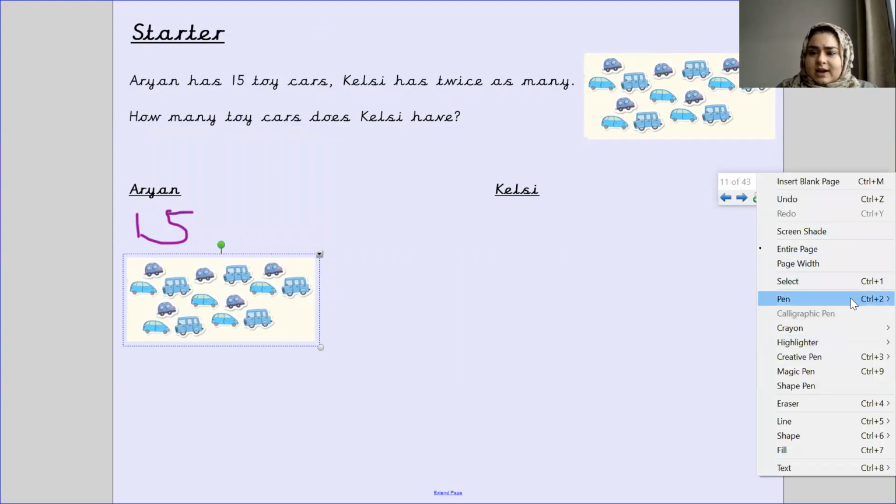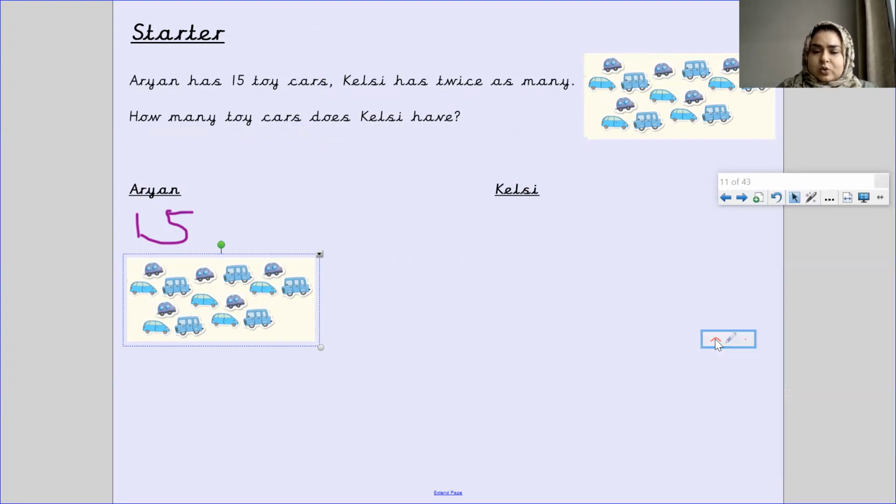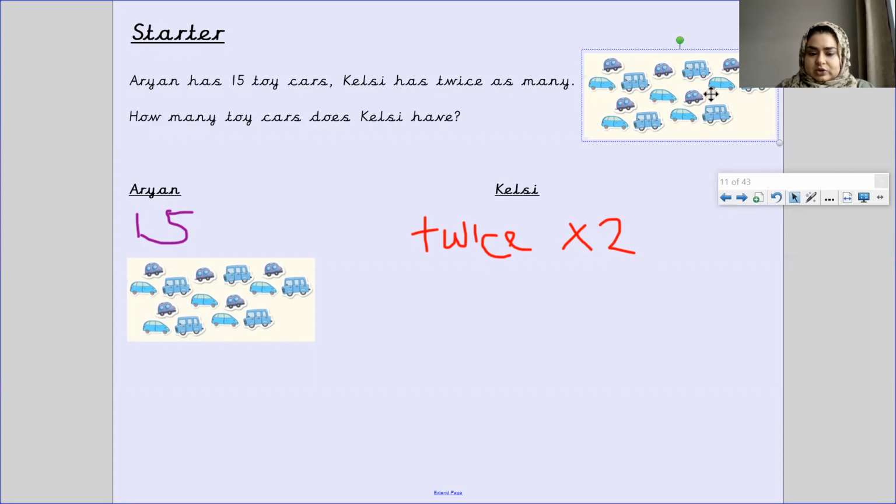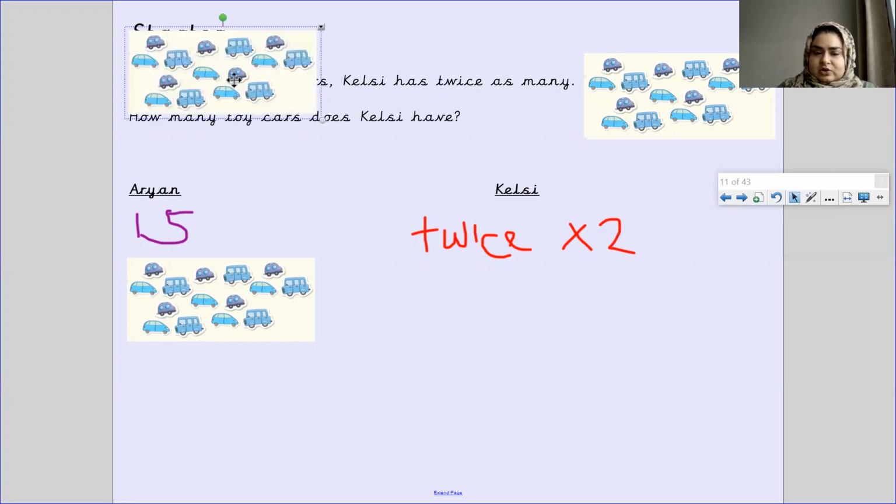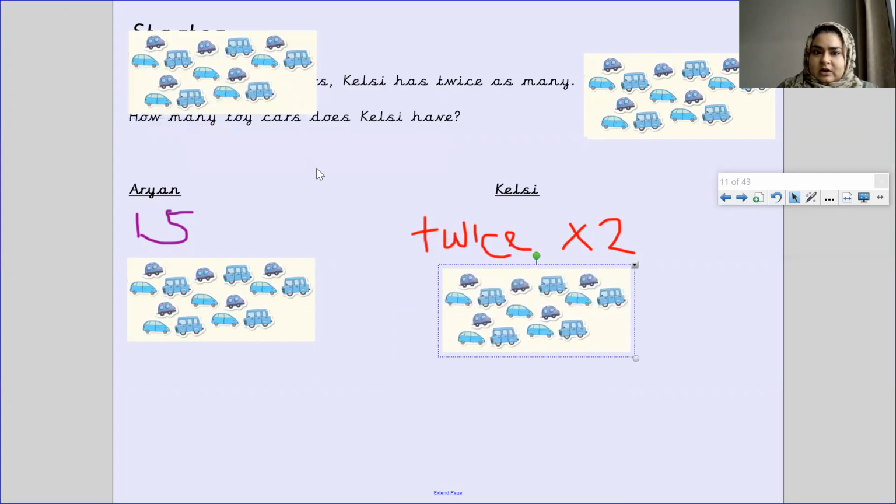What do you think twice as many means? We know twice means two. So if she has twice as many, that means she has more. So that would be times 2. So Kelsey has times 2, which means she has 2 lots of these cars.